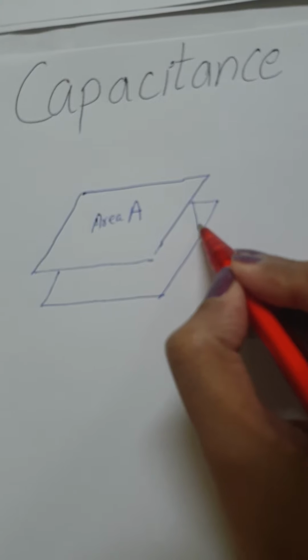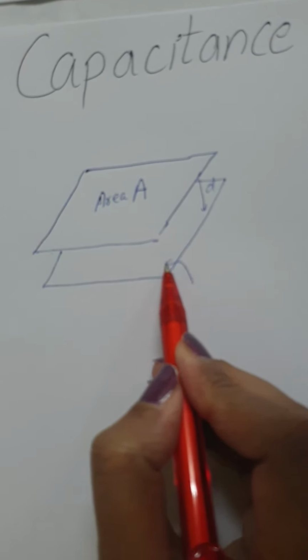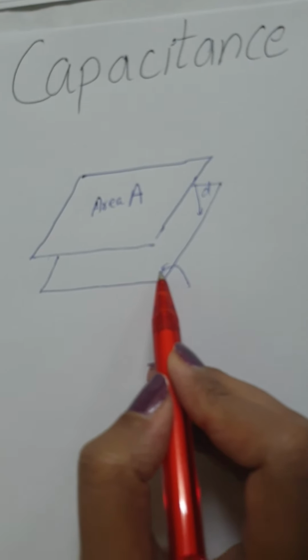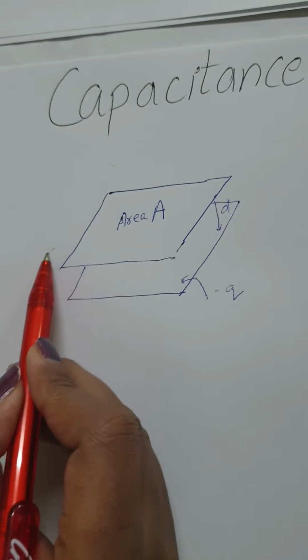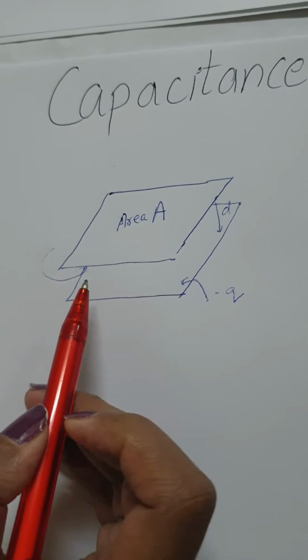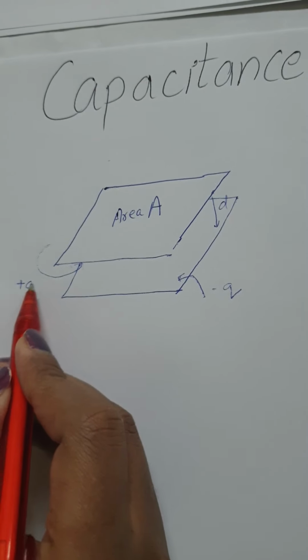The distance between the two plates is d. This one is the top side of the bottom plate, which has charge minus q. This one is the bottom side of the top plate having charge plus q.